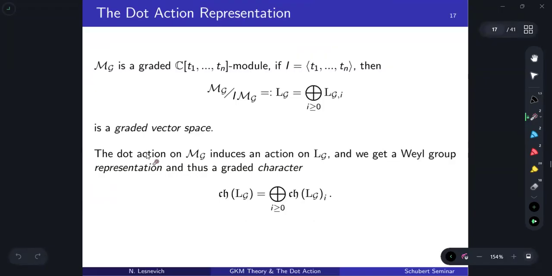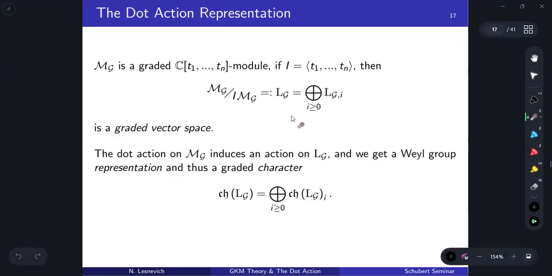So all of this structure is interacting with each other. We have a graded module structure. If I take the irrelevant ideal, the ideal generated by all of the variables in my polynomial ring, that quotient is going to be a graded vector space.